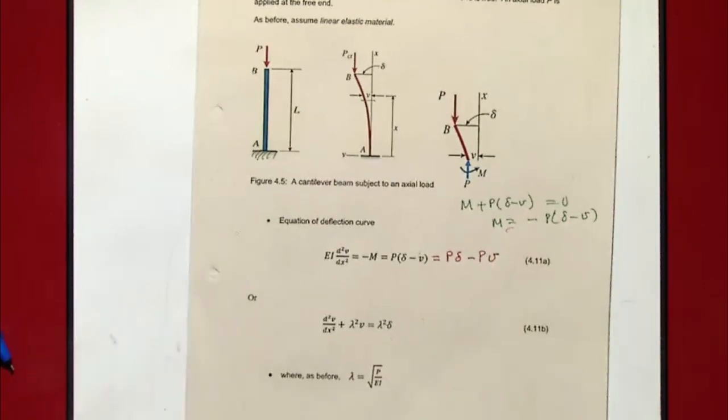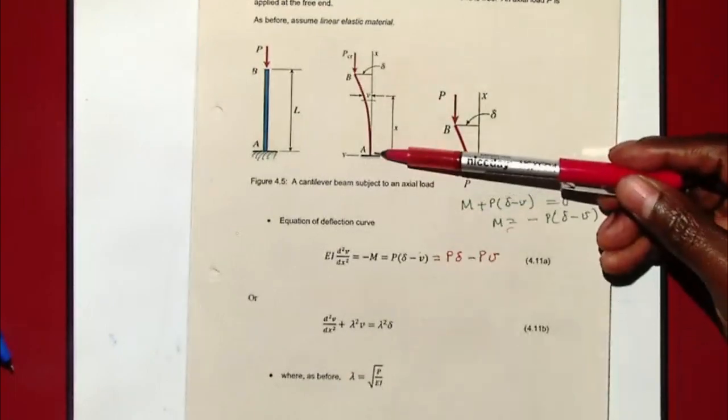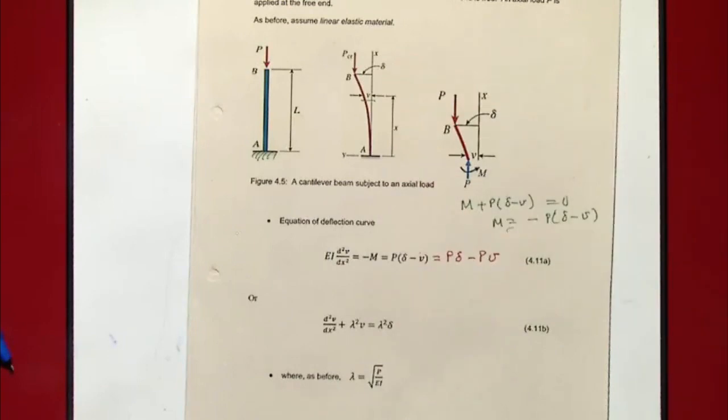Remember, what we are calling delta here is the maximum displacement where the load is. So that is right at the top, and V is the value of the deflection as you go along the length of the beam. So V is 0 here, and V has the maximum of delta where the load is.